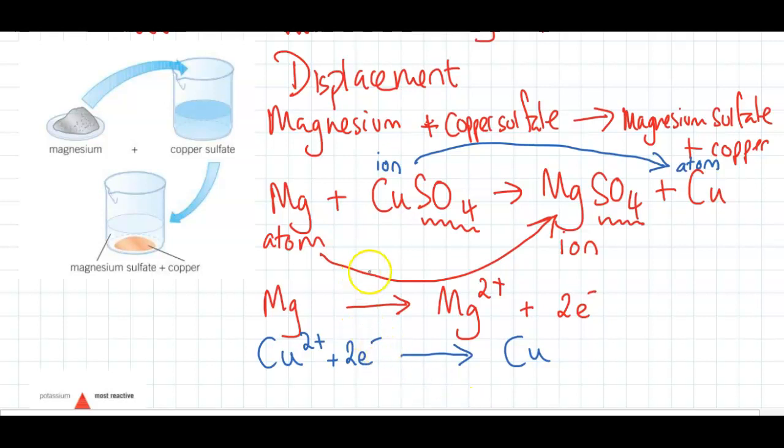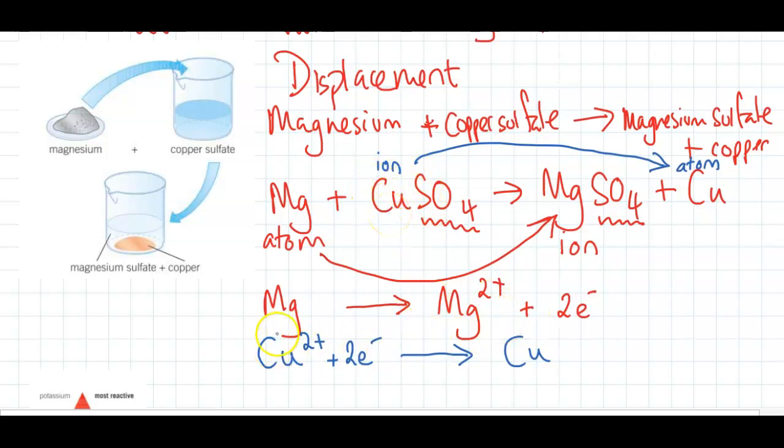So effectively what's happening in these displacement reactions is a more reactive metal will give up its electrons to a less reactive metal and take its place, displacing the less reactive metal from its position in a compound. A more reactive metal can displace a less reactive metal from its compounds.